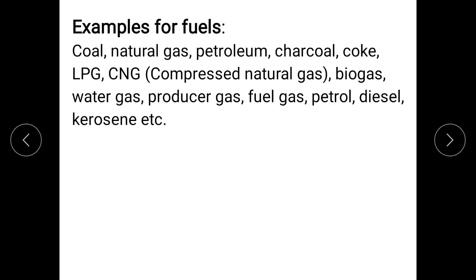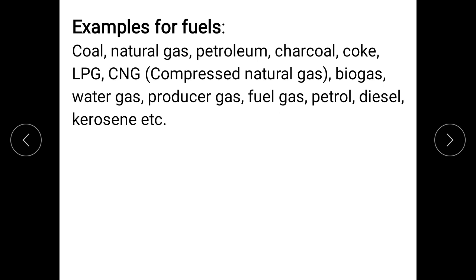Moving on, examples for fuels. We can give a large number of examples here. Some of the familiar examples which you have already studied and come across in your daily life: coal, natural gas, petroleum, charcoal, coke, LPG, CNG, that is compressed natural gas.